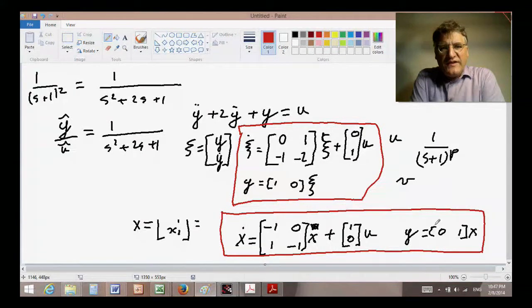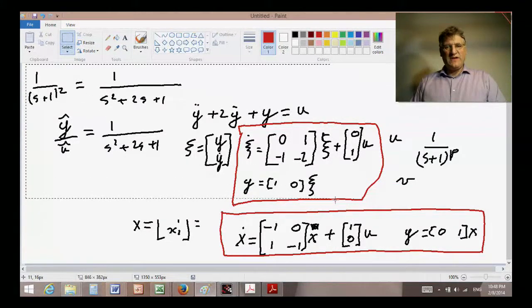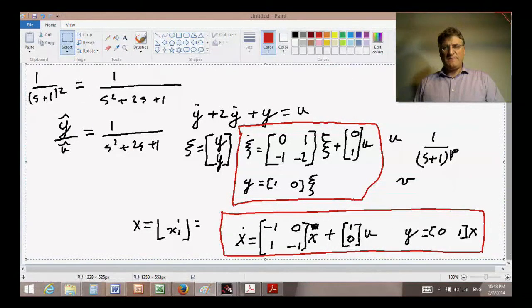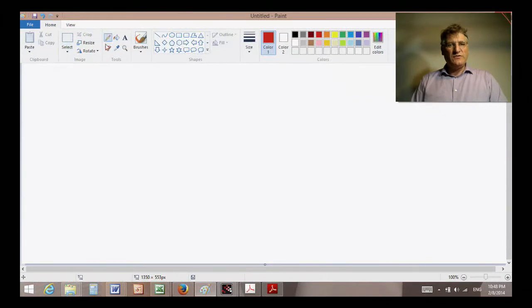Let's explore this idea a little more. We're going to look at the following. If I erase my entire worksheet, I can introduce a new system, which I will call 1 over s plus 1 times s plus 2.